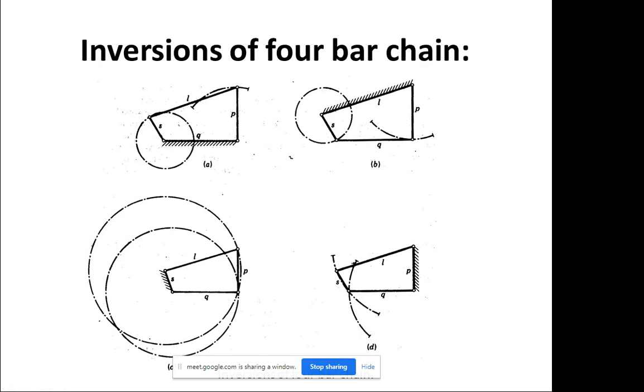So it is fixed here and the others are going to oscillate. And in figure D you can see P is fixed here, and again you can see the motion obtained here, the arc. From this point you can see the arc motion, and with this as the center you can see another motion. So these are the different inversions possible for the 4-bar chain.